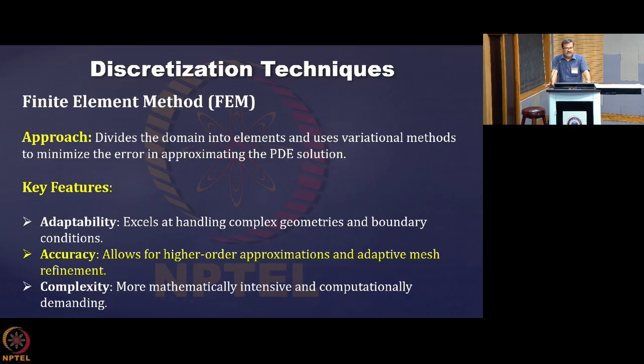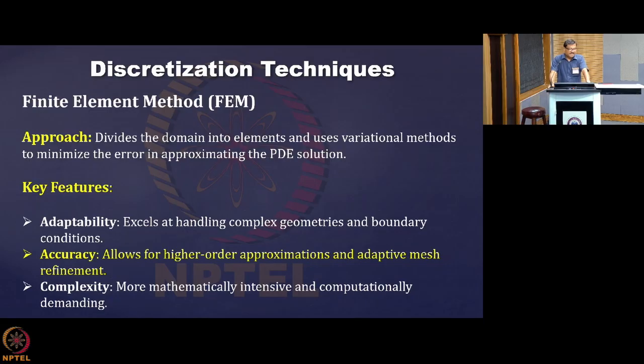It is wonderful in that way, and this is mostly used in stress calculations and thermal management. These are very frequently used, and it allows higher order approximation and adaptive mesh refinement. So when adaptive mesh refinement is necessary during the simulation, this is one of the most useful ones.